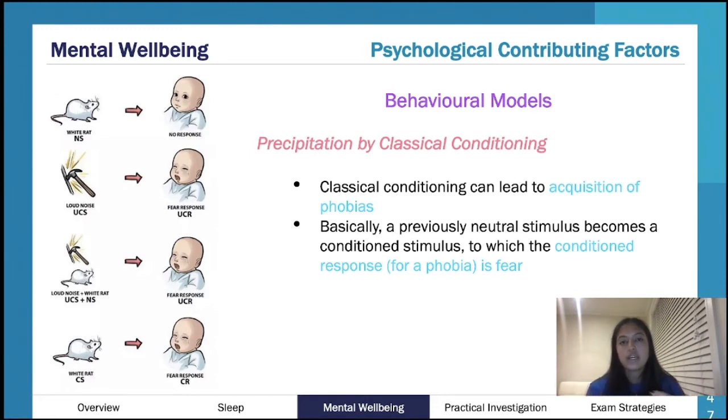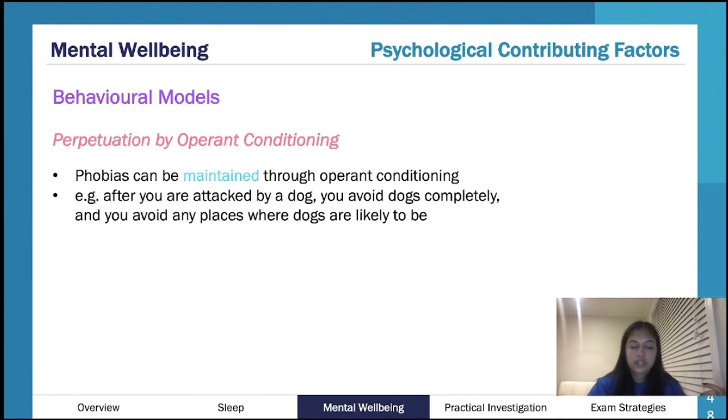So this idea of fear of anything that looked like white and fluffy, basically. So yeah, very unethical, but very famous experiment. So that's what you can think about in terms of precipitation. They basically used classical conditioning to give Little Albert a specific phobia. So the main thing you want to think about here is just the association.